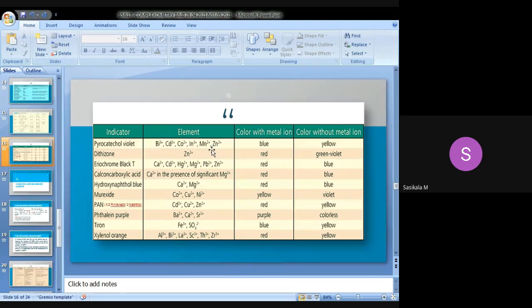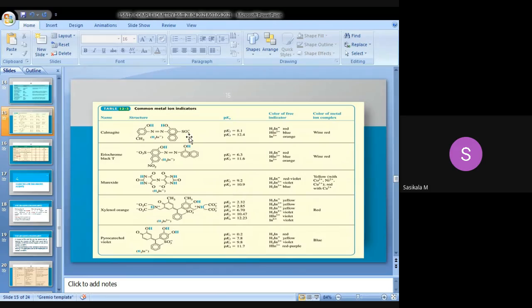And what type of metal ion does it bind and form a complex with? What is the color change? Color with metal ion, color without metal ion. This is the free indicator color, this is the metal ion complex color. This table is also useful to understand the color change of different indicators in free form and complex form.